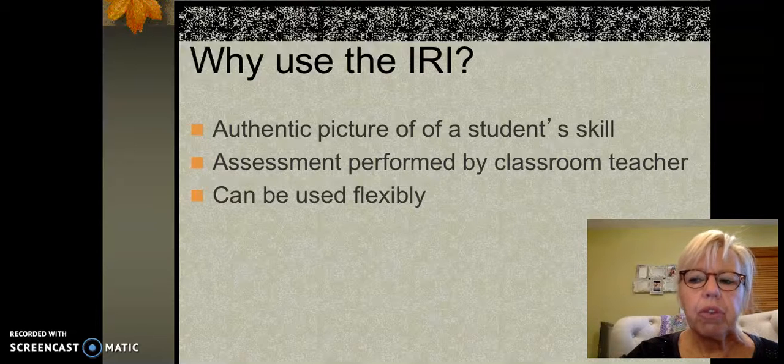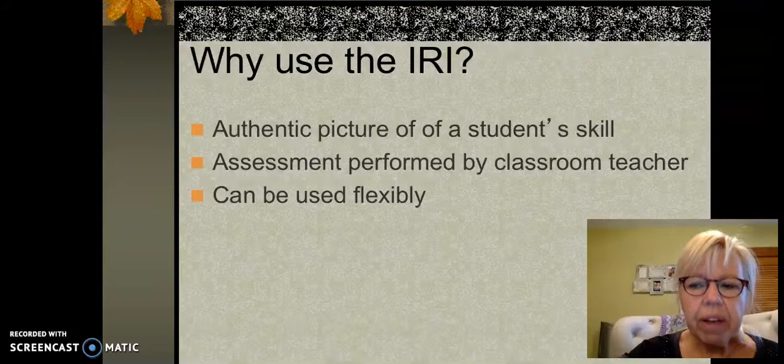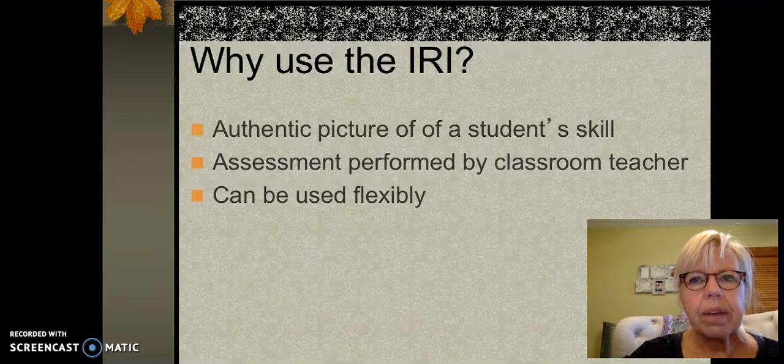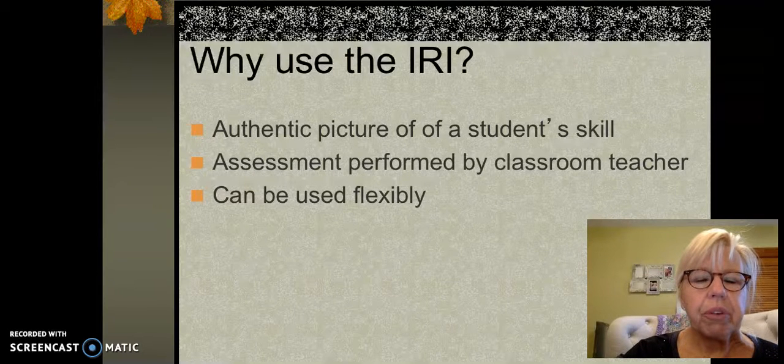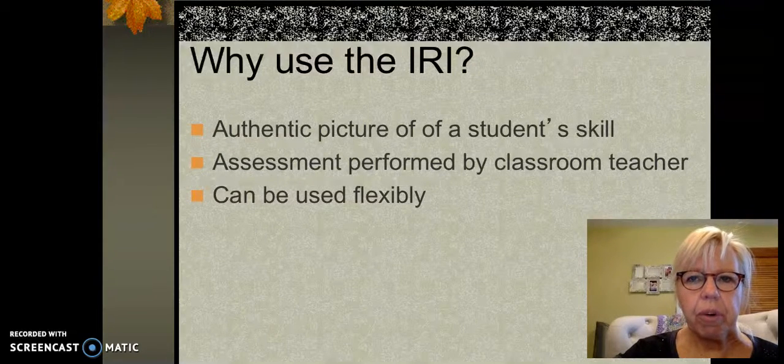And one thing that I do want to clarify, that is a little bit different or maybe interpreted differently when you read the actual directions and information in the QRI manual, which I don't require you to do. It's there as a resource, because what I'm attempting to do is to teach you how to do a generic administration using an informal reading inventory.